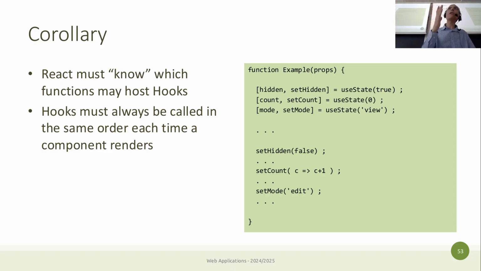Because they have to be called in the exact same order each time you use them. Okay? But I would say this is not a problem. You just need to be aware of this limitation. Okay? Just don't use if around hooks or for to make more hooks. Okay? At least if you do it, it should be always the same order and the same number. So, probably it's better not to do that.